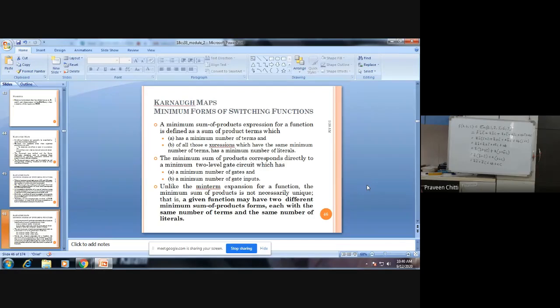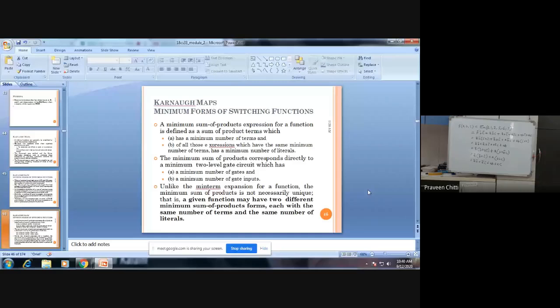For that, we need to use again the concept of x plus x bar equal to 1. The same concept is used in K-map also, but here this elimination is done by combining or clubbing the adjacent ones. By clubbing or combining the adjacent ones, we can eliminate one variable, two variables or three variables.